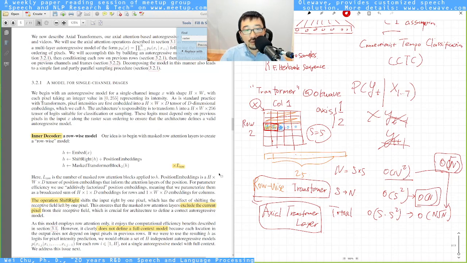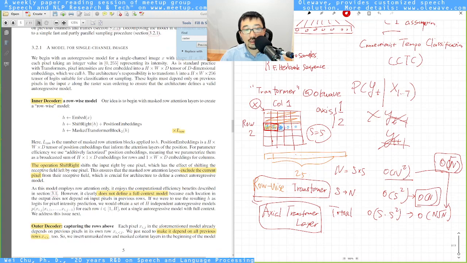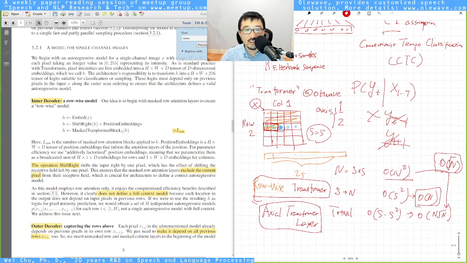Okay. As the author said, it clearly does not define a full context window because they assume that the rows are independent. So you can see here, when you predicted this row, you probably could see all the... and it's wrong.